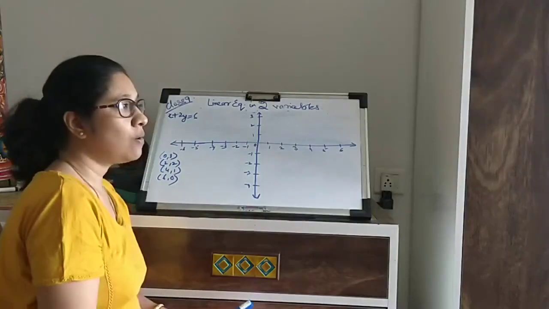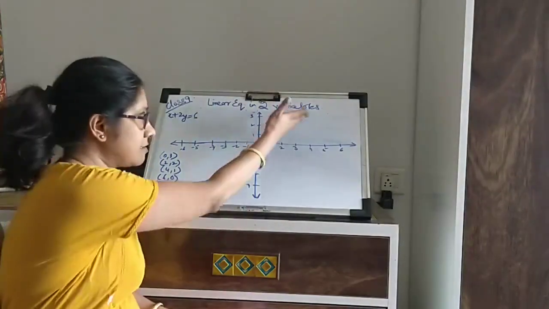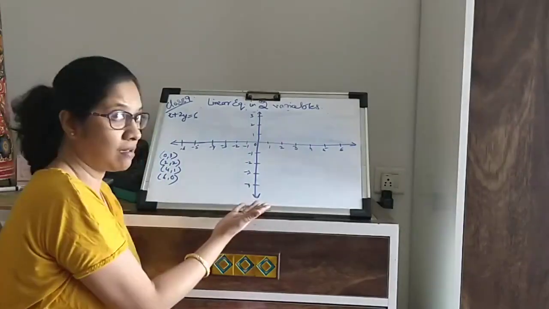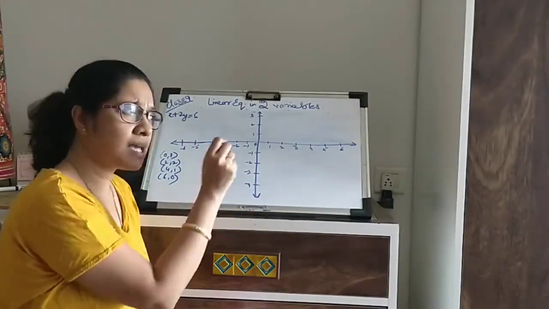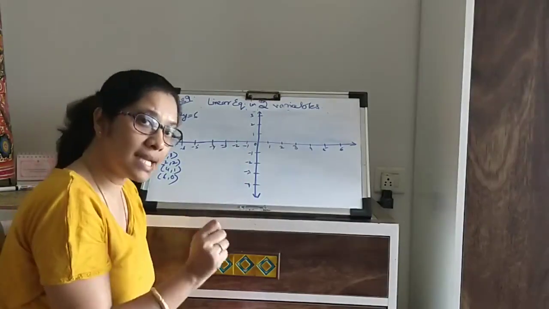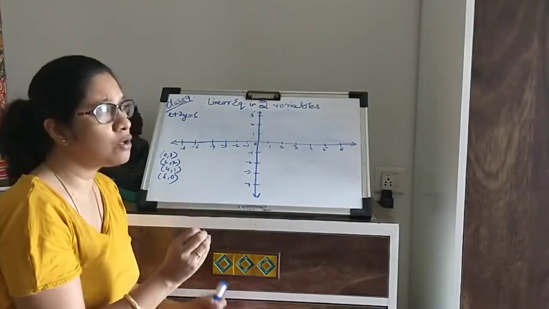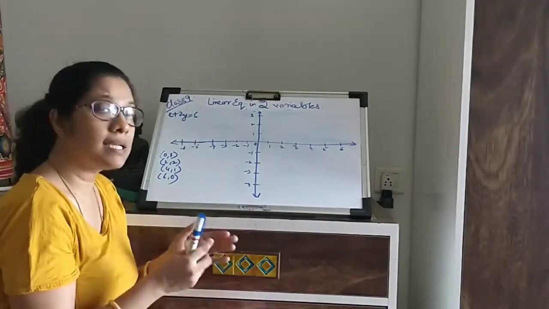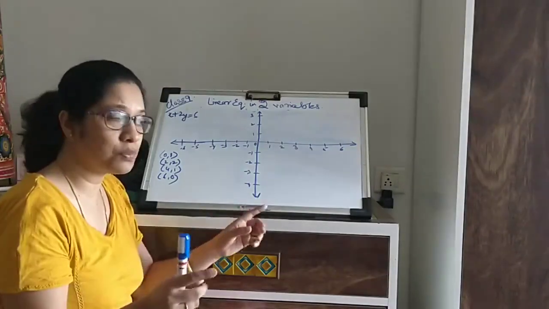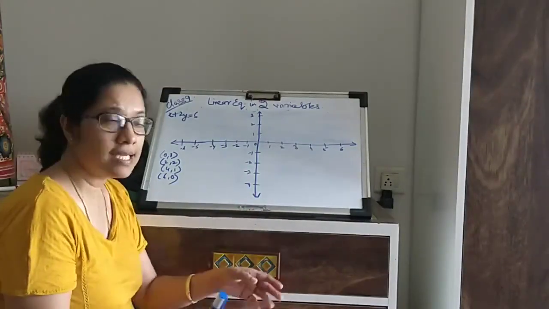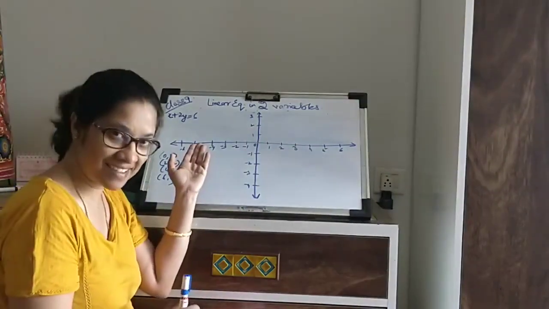Okay. Now, how do we actually draw a figure on this particular plane? That can only happen if I know some points that lie on that structure. If somehow I can figure out 2 or 3 points that lie on that figure, what I can do is simply connect those 2 or 3 or 4 points and get a structure on this plane. Correct?